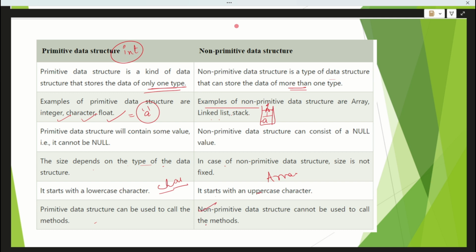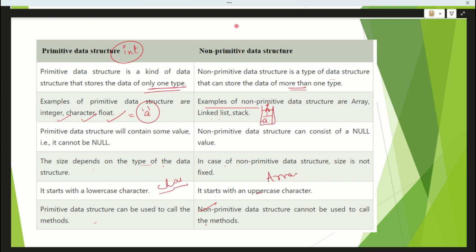If the examiner or interviewer asks what the difference between primitive and non-primitive data types is, you should say that primitive data types are the simplest form of data types that contain only a single type of data. For example, there are 8 primitive data types: integer, character, float, boolean, like this.